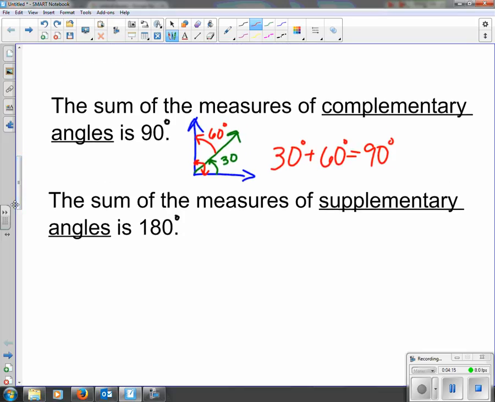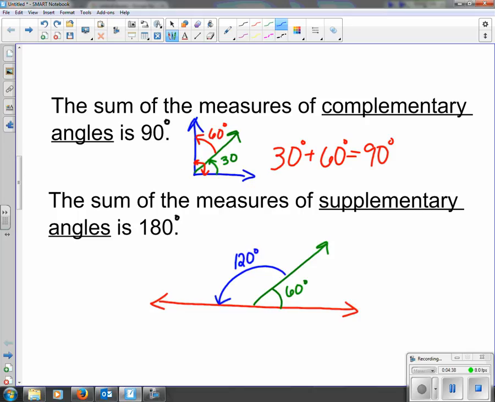The sum of measures of supplementary angles is 180. So here I have a straight line. That's 180 degrees. And if I draw a line here, and I say this is 60 degrees, then this measurement here is 120 degrees, because 120 degrees plus 60 degrees equals 180 degrees.